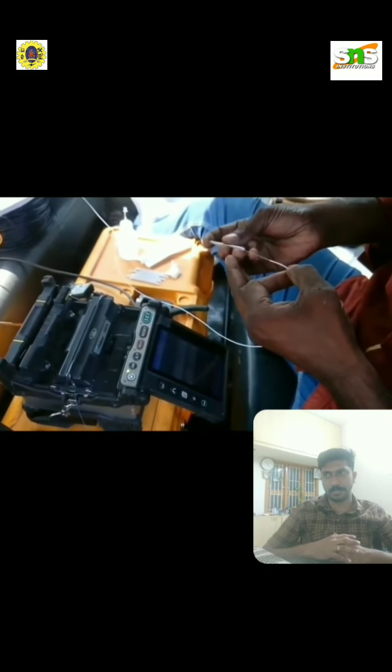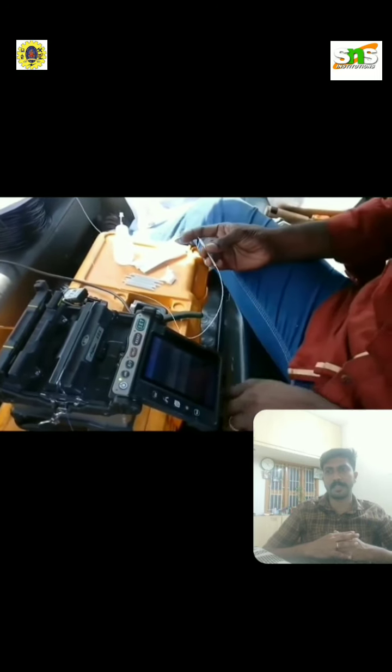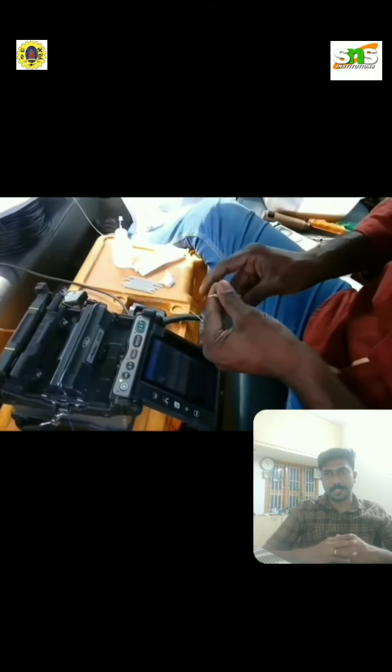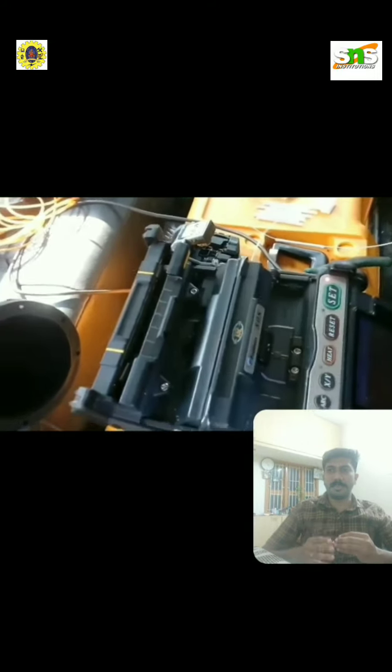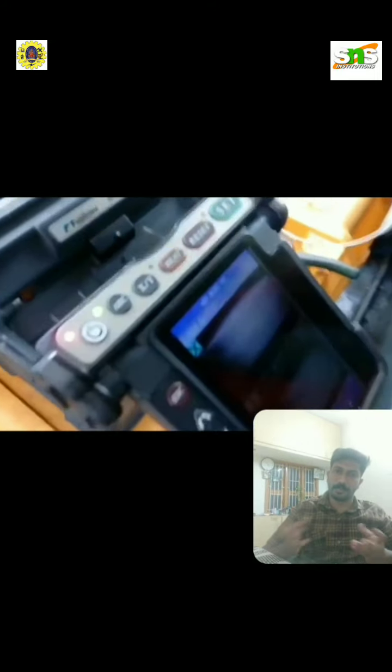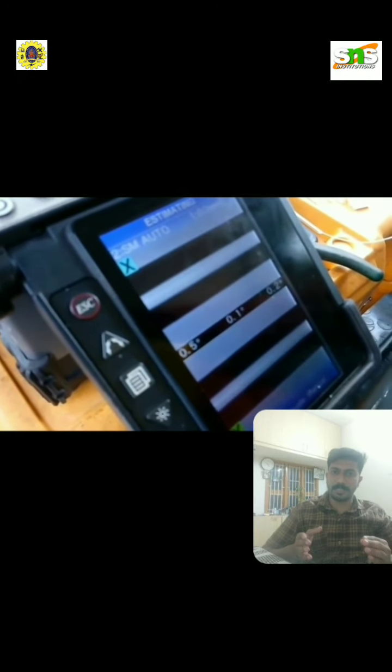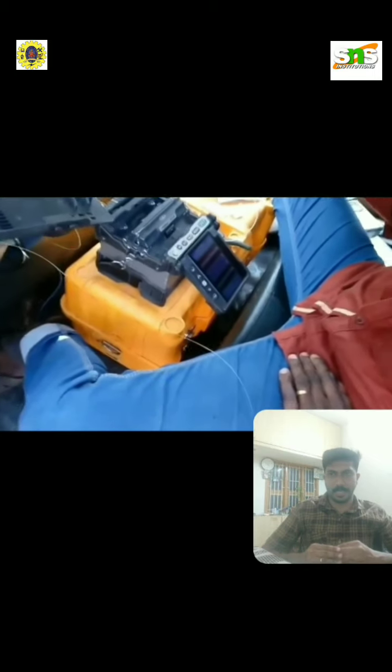Fusion splicing has another advantage of less signal reflectance, and it gives the strongest and most reliable joint between the two fibers. When adopting this method, fusion splicing machines are often used. When we need all these parameters, fusion splicing comes first among the techniques.